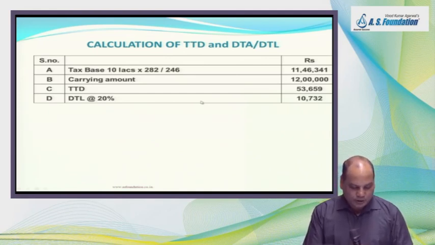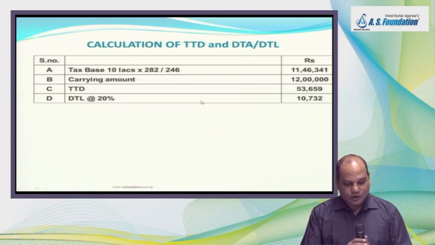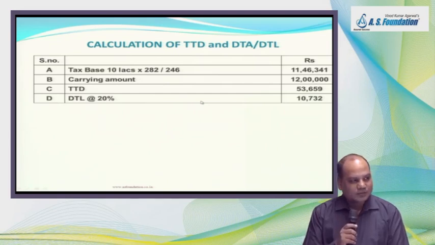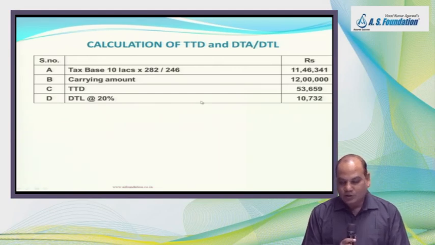Which rate will you apply for calculating DTL? Are you going to apply 30% or 20%? 20%, because this is a long-term asset, because they have given you indexation. So we'll apply 20%, no use of that 30% in our answer.